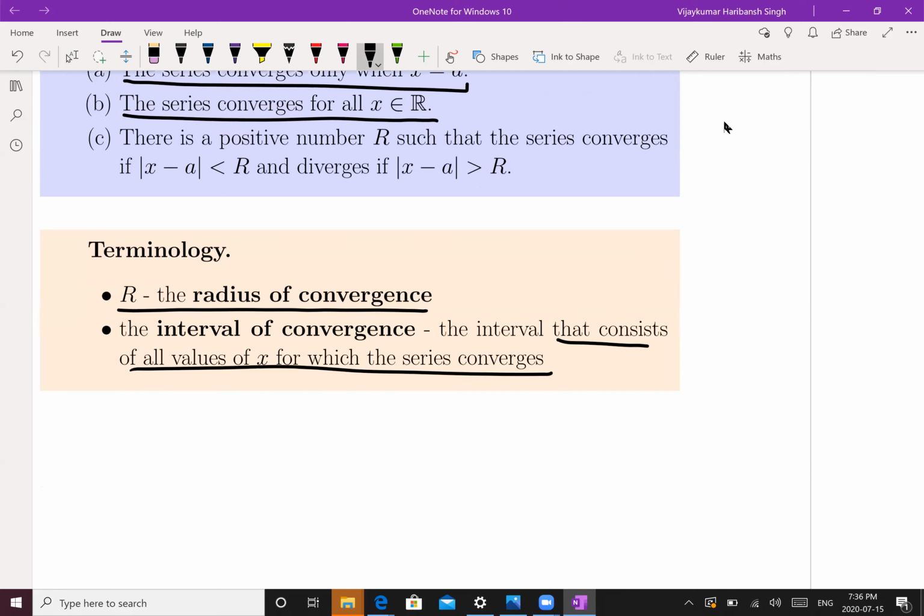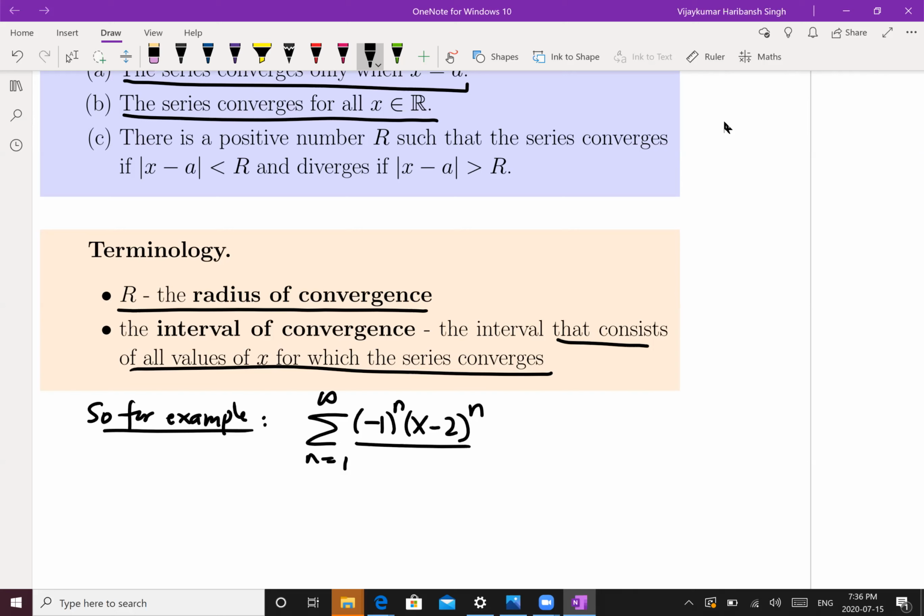So for example, if you look at this guy, summation n equals 1 to infinity, minus 1 to the power n, (x minus 2) to the power n, divided by n times 4 to the n. Your radius of convergence was what? The radius of convergence is when the absolute value of x minus 2 is less than what gives me the convergence.